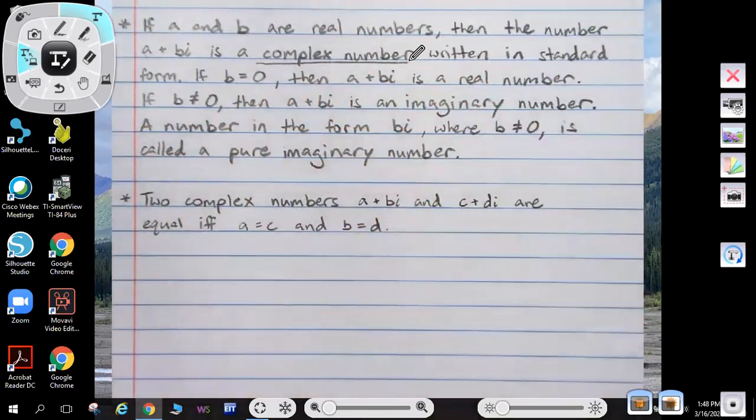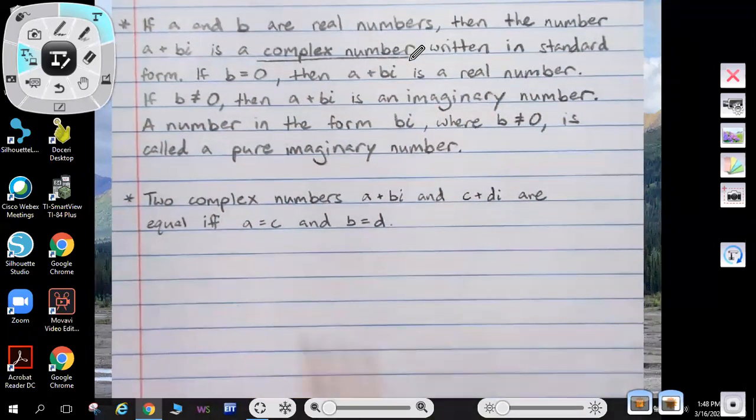Two complex numbers, a plus bi and c plus di, are equal if and only if, this little word here, iff, that means if and only if, a equals c and b equals d.